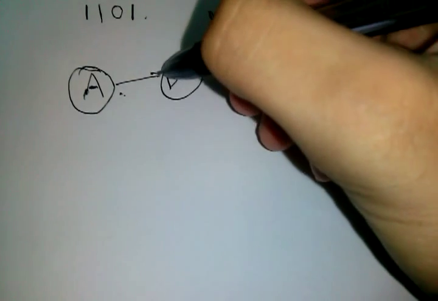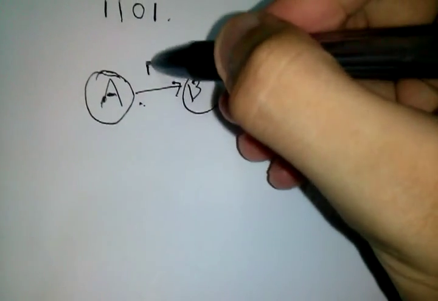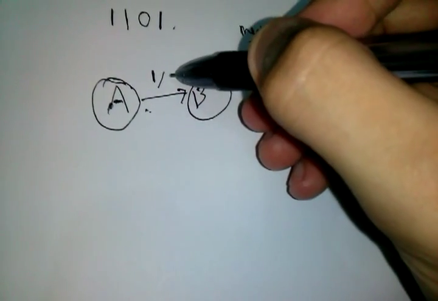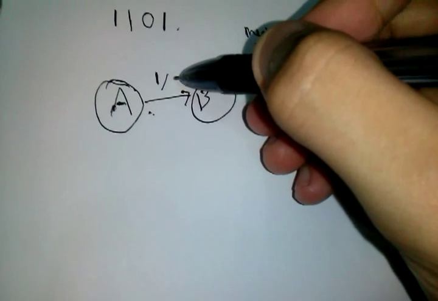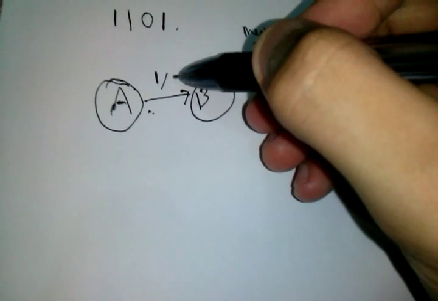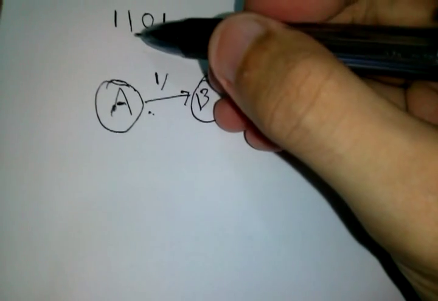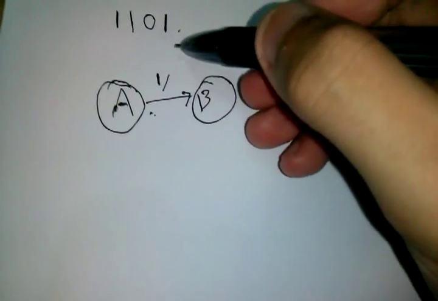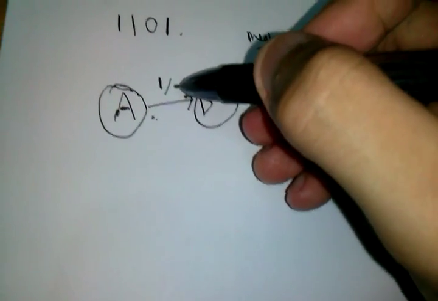So I draw here 1, and this is the output. Because it has not yet reached the full sequence, the output is still 0.